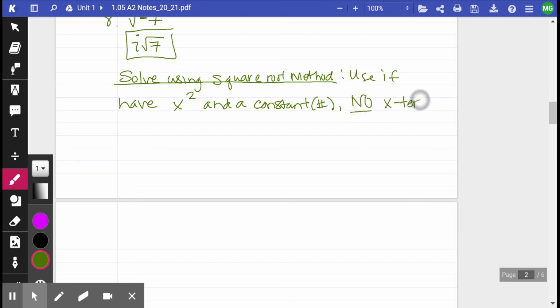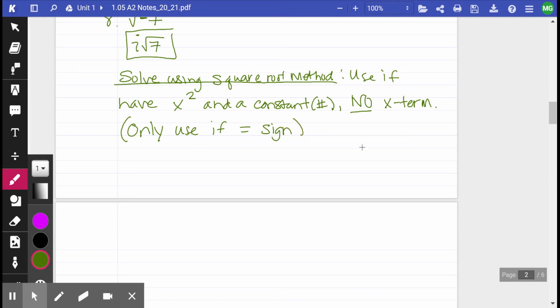Because we always say whenever you have an x squared and an x term, that's when you want to get it equal to 0 and then factor it. This is only if you have an x squared term and another number, but no other variable besides the x squared. And this only works if you have an equal sign, so if it's an equation.